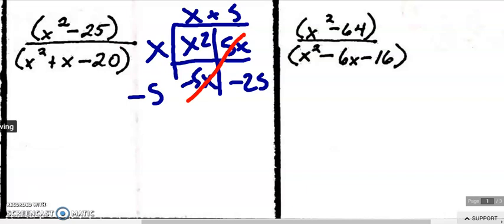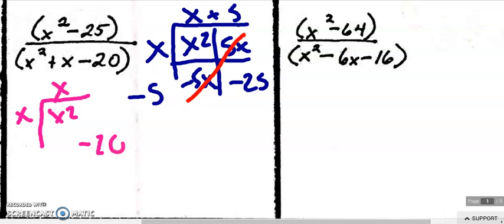And then we'll do the same thing with the denominator. So we'll factor our x squared plus x minus 20. So of course we know that whatever goes in the other two boxes needs to add up to x and multiply to negative 20.